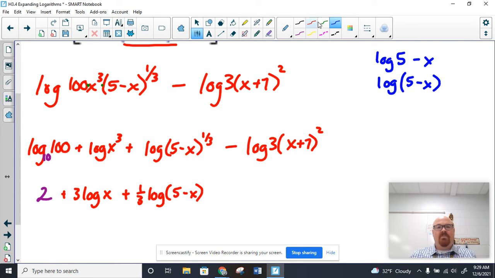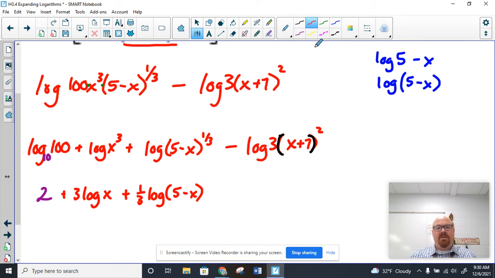Now let's look here, because things get a little interesting on the back end. Now this is the log of a product, right? So this 3 is being multiplied times this quantity. The 2 that's here is not an exponent for everything inside the log. So I am not going to put this 2 in front of this logarithm right now because it only applies to what it's touching, and it's only touching the parentheses.